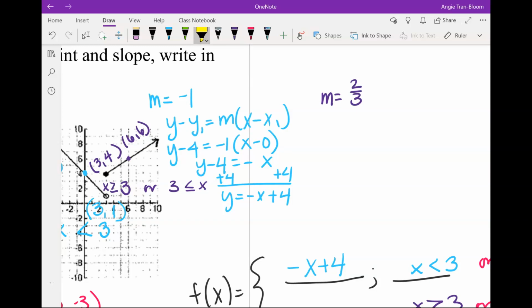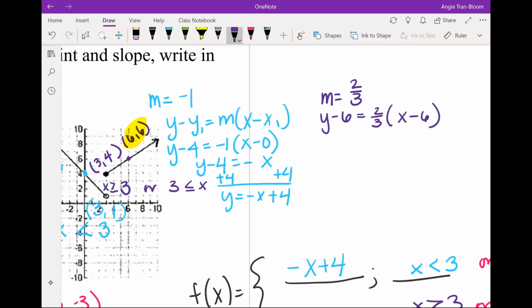Nathaniel, what point is your favorite point today? Okay, what would you like to do next? y minus 6 equals 2/3 parentheses x minus 6.